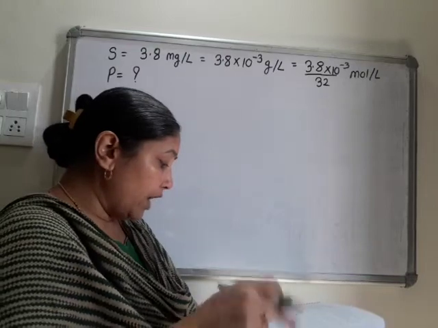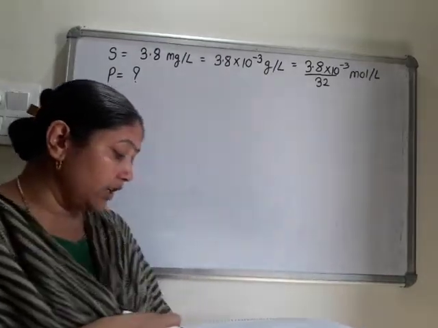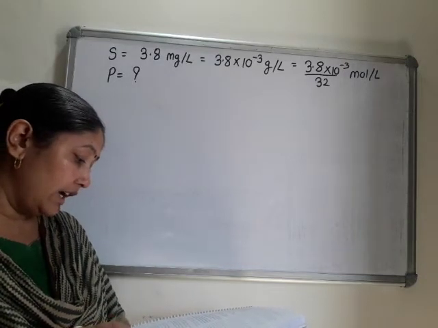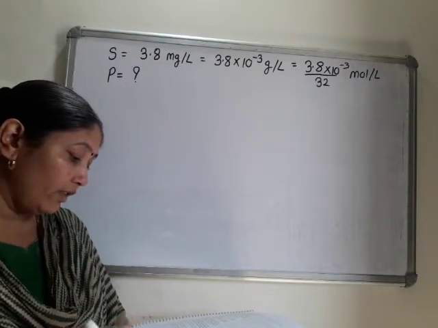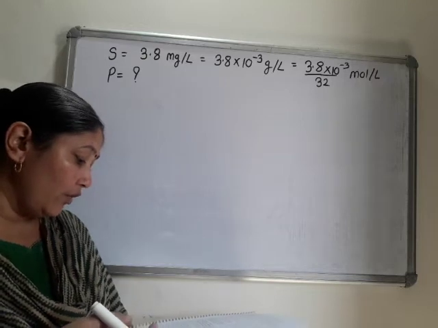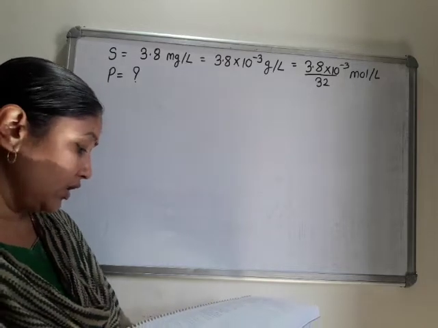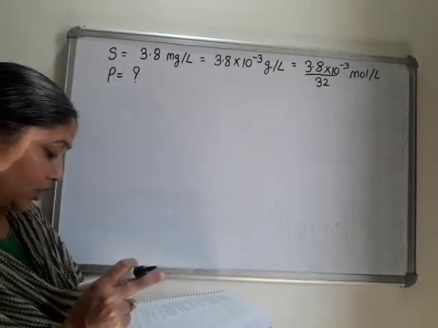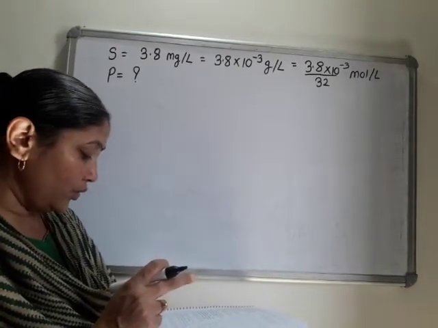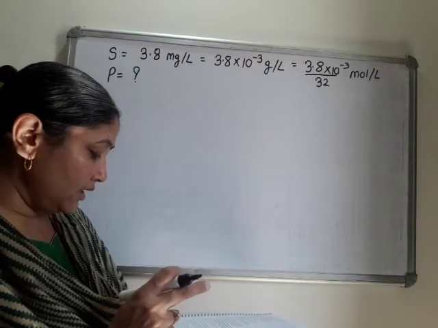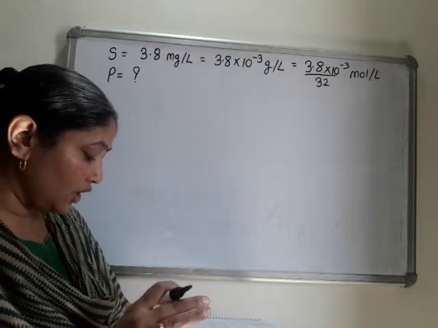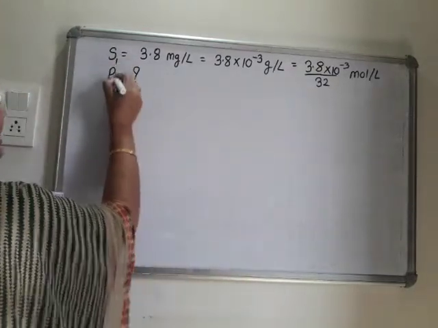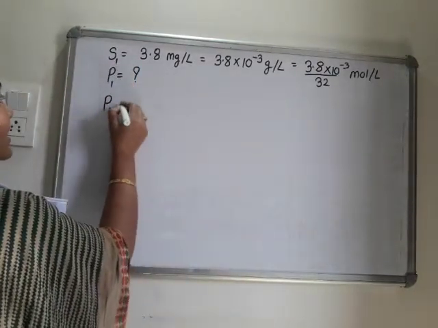Now, what partial pressure of O2 above the water is needed? Means we have to find P. Given the solubility of oxygen in water at 0 degree and 1 atmosphere, partial pressure is 2.2 into 10 raised to minus 3. Means this is first data. And another data is given.